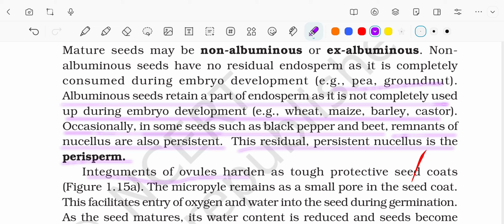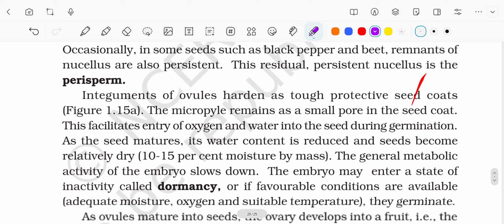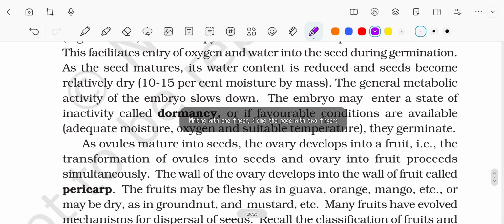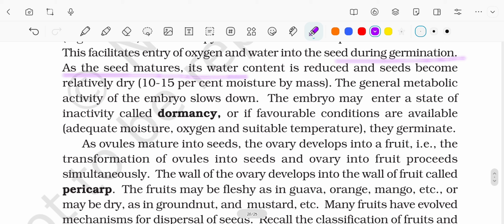Integuments of the ovule harden as tough protective seed coats. The micropyle remains as a small pore in the seed coat. This facilitates entry of oxygen and water into the seed during germination. As the seed matures, its water content reduces and seeds become relatively dry, 10 to 15 percent moisture by mass.